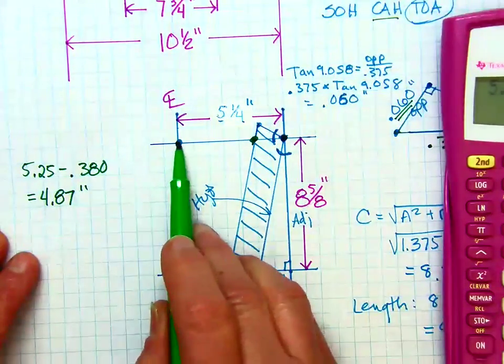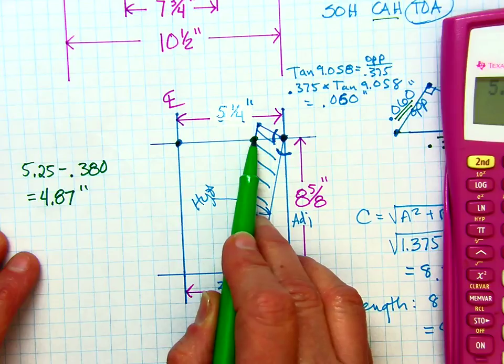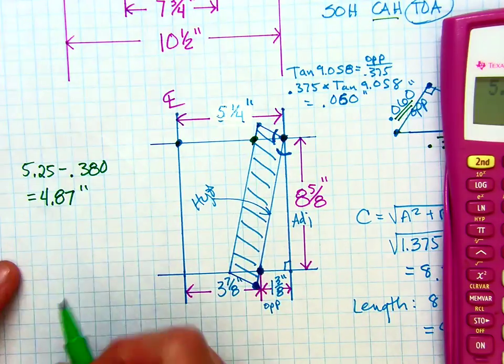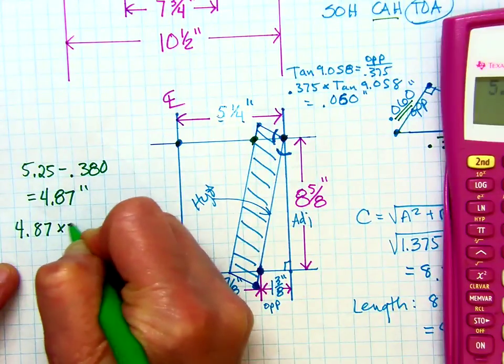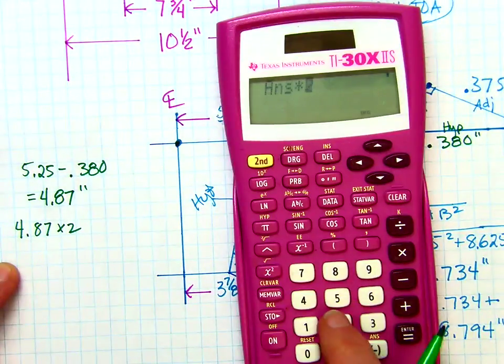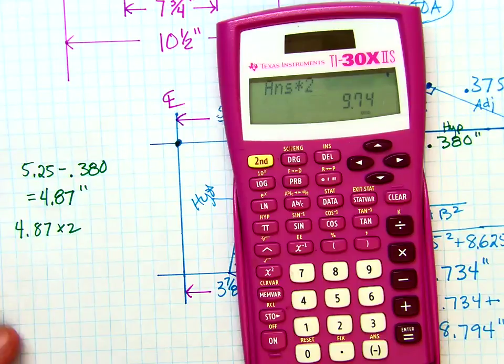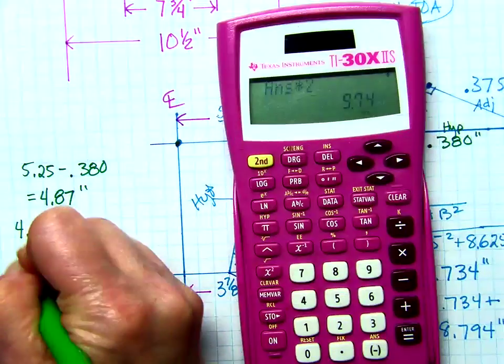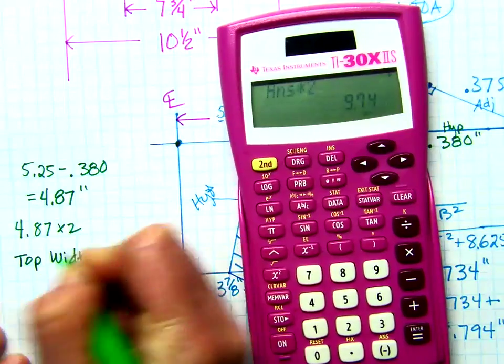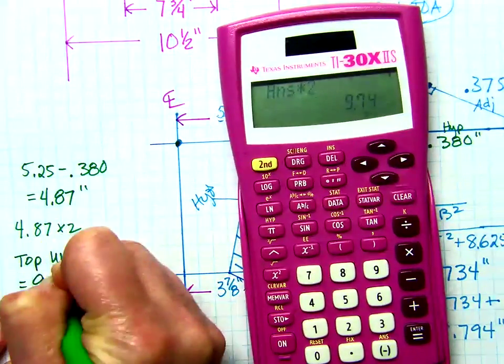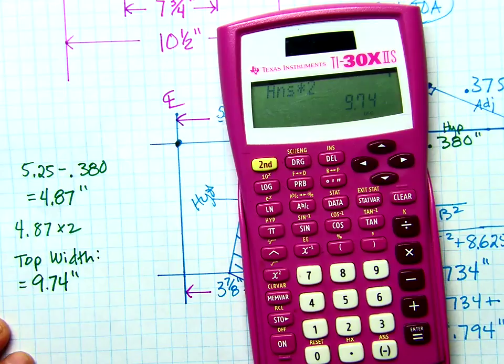That is going to represent half of my top width. I'm going to multiply this number by 2. I get 9.74. So top width is going to be 9.74 inches.